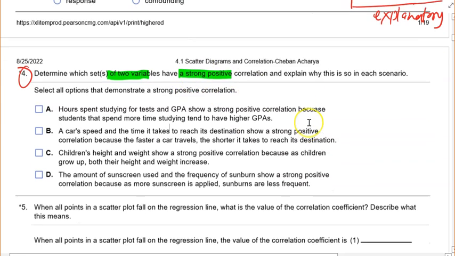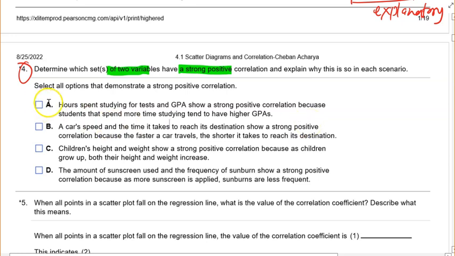Look at the first one. Hours spent studying for the test and GPA. There's a strong positive relation because students who spend more time studying tend to have a higher GPA. The more students study, the higher the GPA is going to be. Therefore, this is the answer.